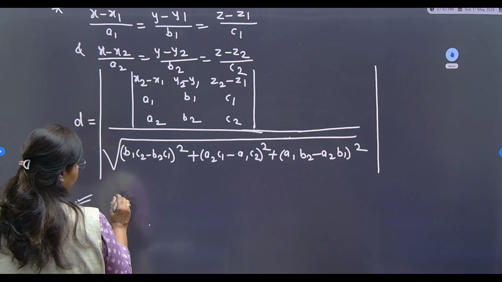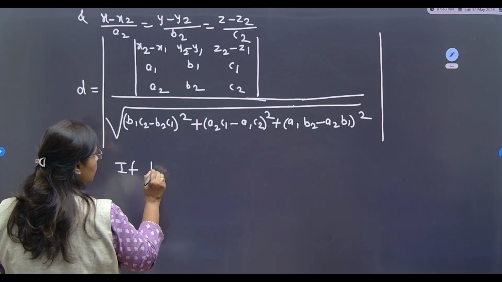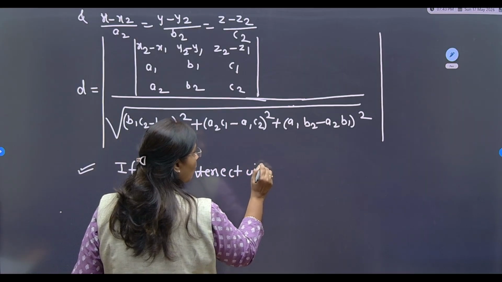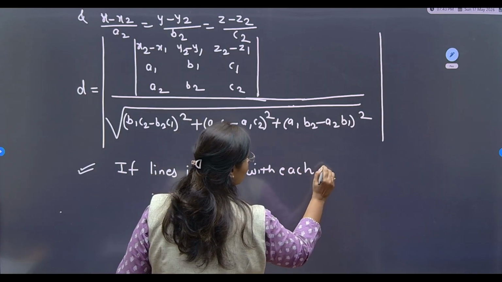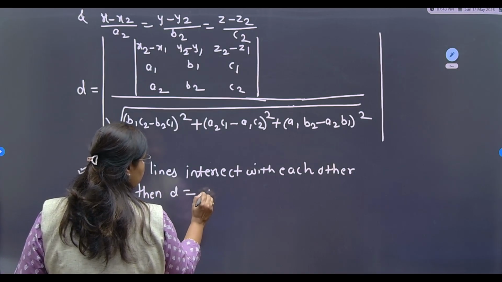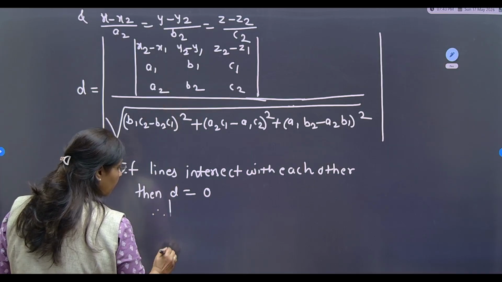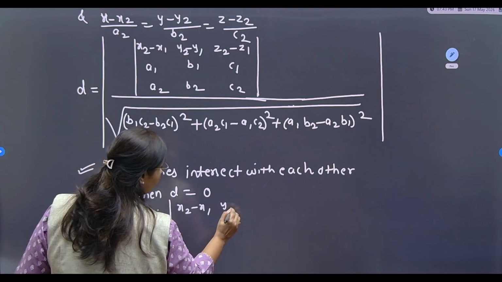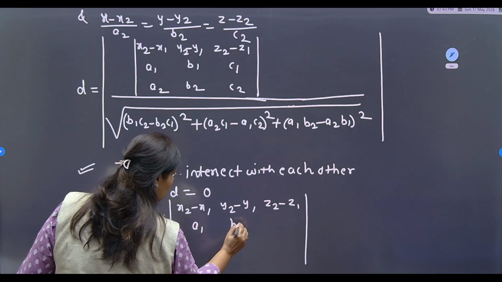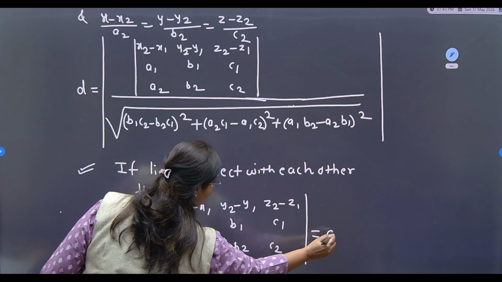Therefore, most important remark: if lines intersect with each other, then the shortest distance D is equal to 0. Therefore, the determinant of x2 minus x1, y2 minus y1, z2 minus z1, second row a1 b1 c1, third row a2 b2 c2 is equal to 0.